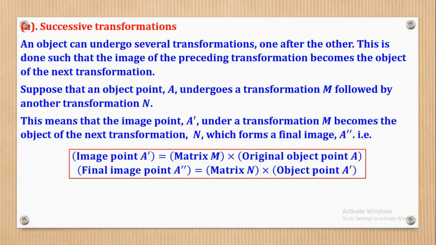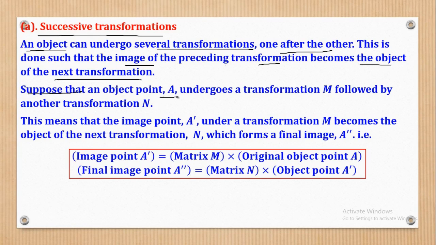Now let's start with the first part, successive transformation. Here we say that an object can undergo several transformations, one after the other. This is done such that the image of the preceding transformation becomes the object of the next transformation. Always remember that. Suppose that an object, point A, undergoes a transformation M followed by another transformation N. This means that the image point A prime under transformation M becomes the object of the next transformation N, which forms a final image A double prime.